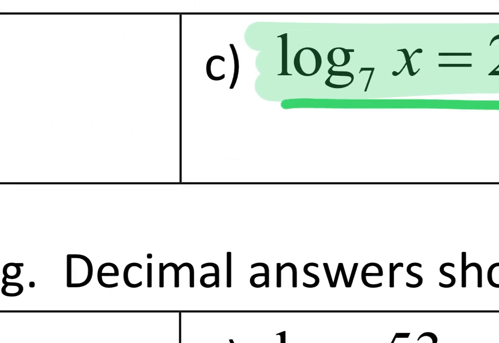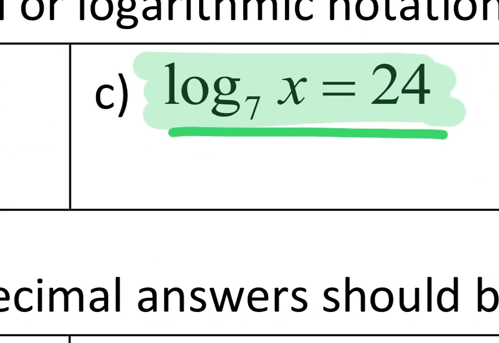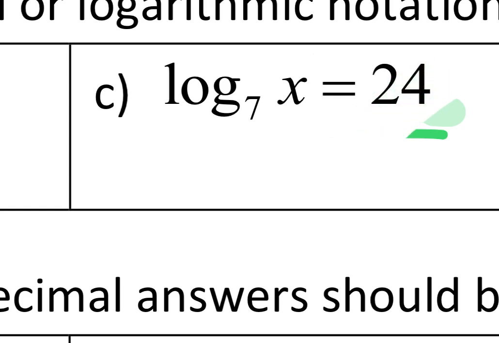Now in letters C and D, you're given a logarithmic expression, and you want to rewrite that in exponential form. And again, let me get rid of my scribblies here. And so the base of the logarithm is always going to be the base of the exponent, so 7.